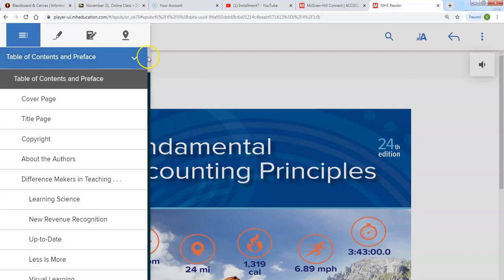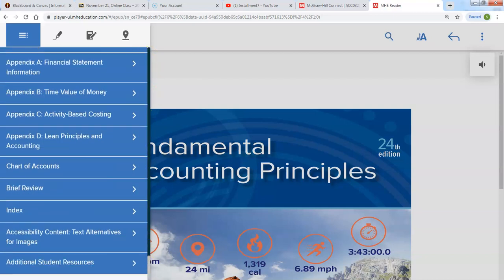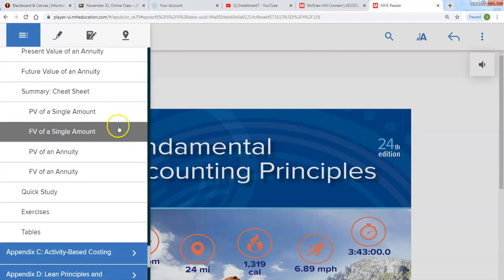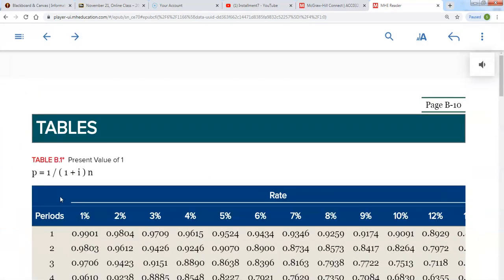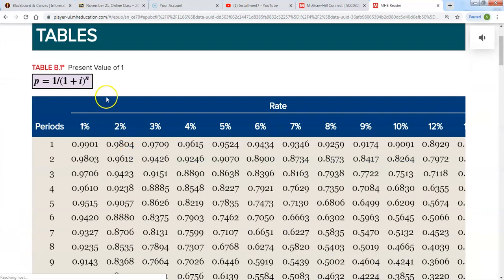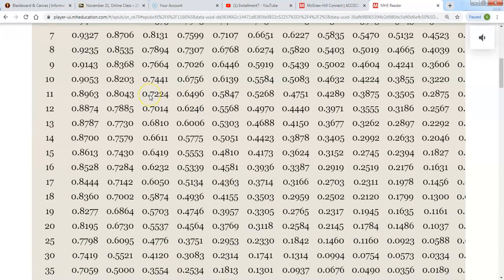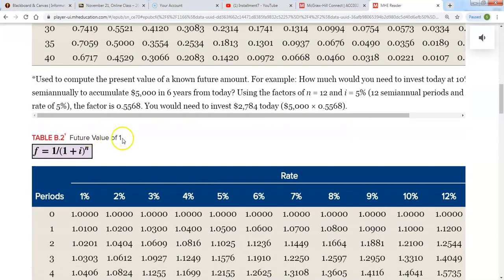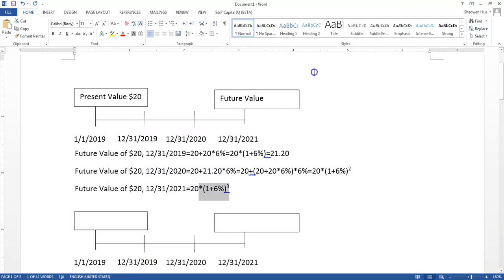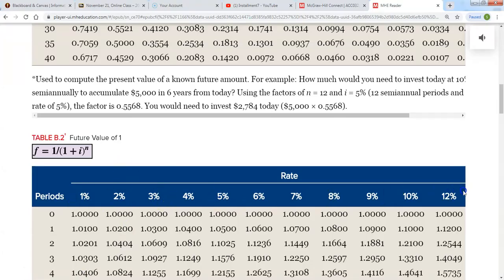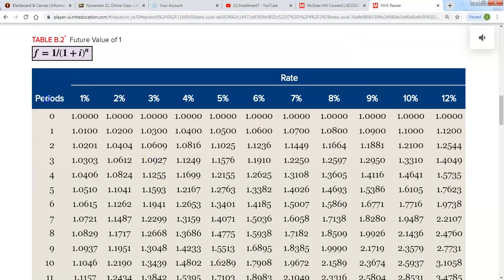So go to your textbook, roll all the way down to Appendix B, time value of money, and then roll to tables. Here we have present value of $1, future value of $1. We are calculating future value now for this $20, 3 years later. So you take the interest rate and look at the table. Interest rate is by columns, and periods, the number of years, is by rows.